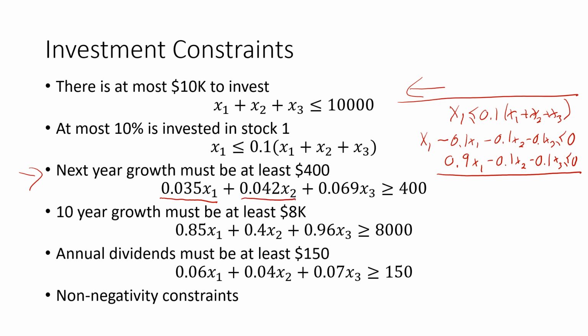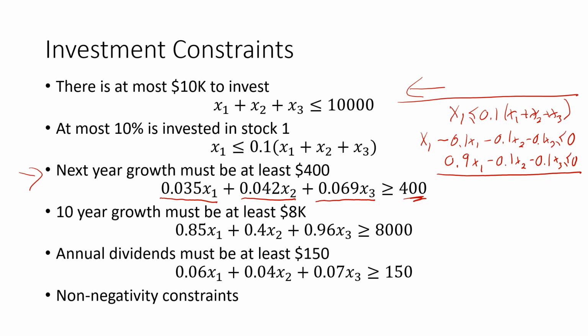From stock 2 in year 1, we get 4.2%. And in year 1 from stock 3, you get 6.9% growth. So those things all added up tell you how much growth in dollars you're going to get in the first year. And we're told it has to be at least $400.